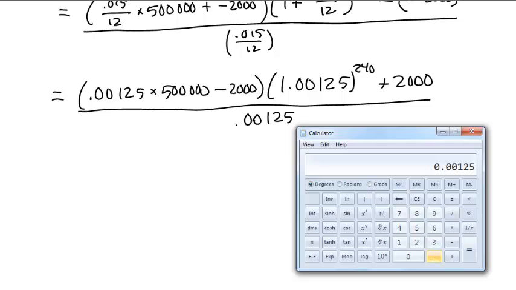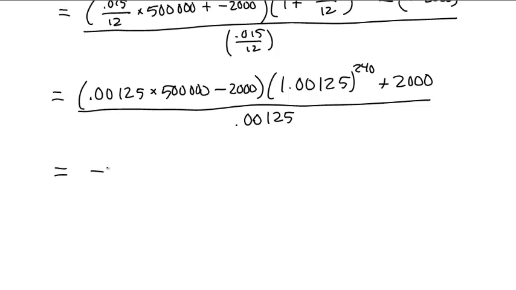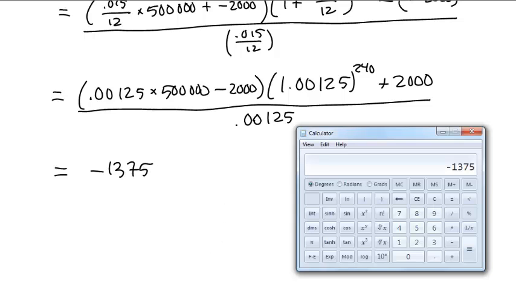Oh, we got that number right there, 0.00125 multiplied by 500,000 minus 2,000 is negative 1375. So we've got negative 1375.